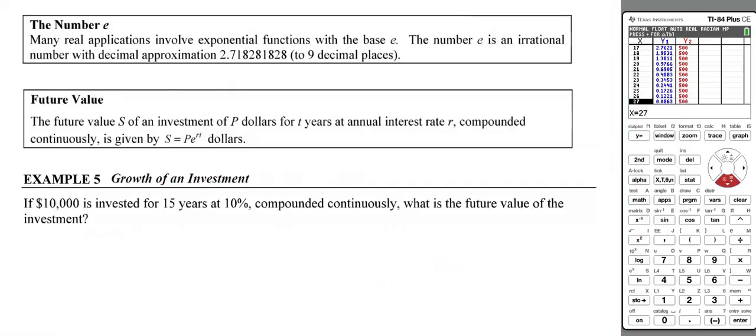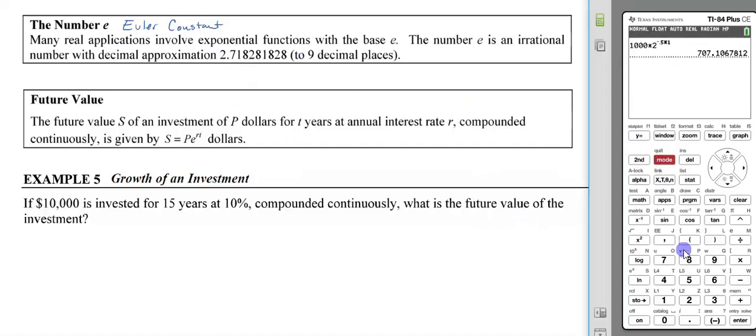A quick discussion on the number e. The number e is an irrational number. It's called the Euler Constant. And many real applications involve the base e. The number e is an irrational number with a decimal approximation to 9 places right here. This is not something that you need to memorize. In fact, it's in your calculator already.